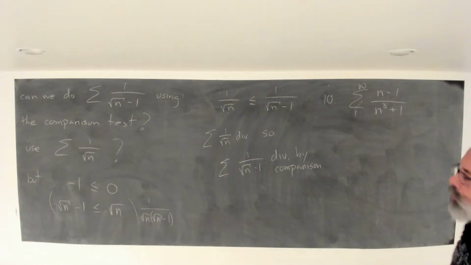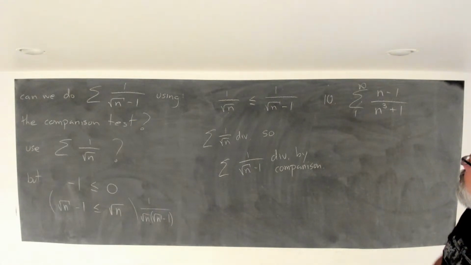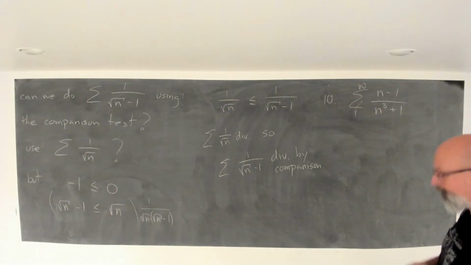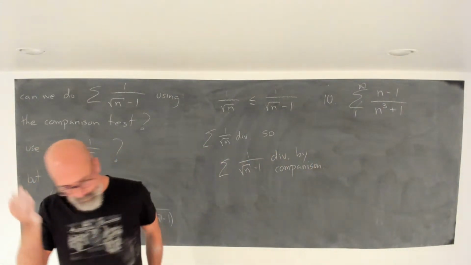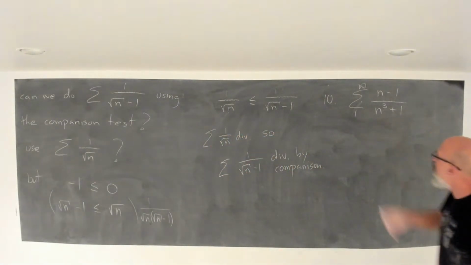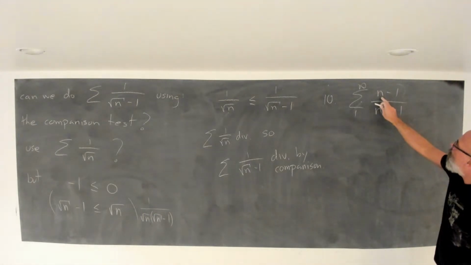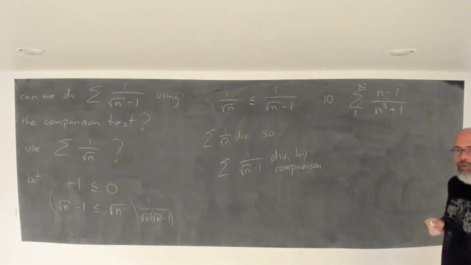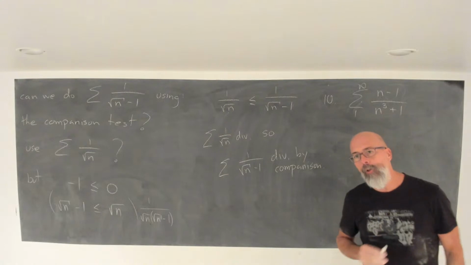All right, let's do one more and we'll call it a day. Now, when I look at something like this, I'm thinking to myself, for large values of n, how does this behave? For large values of n, the dominating term in the numerator is n itself. This minus 1 here is insignificant when n is very large.